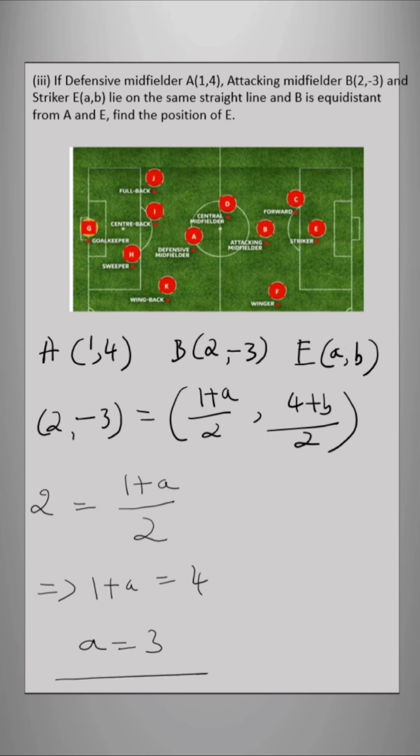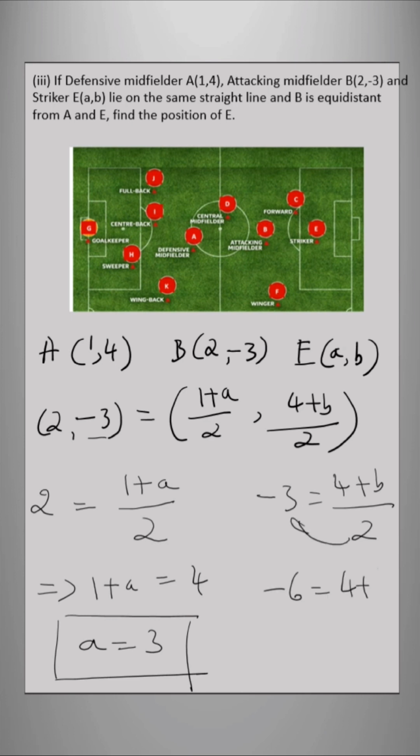Here negative 3 is equal to (4 plus b) by 2. Transpose: negative 6 is equal to 4 plus b. So b is equal to negative 10.